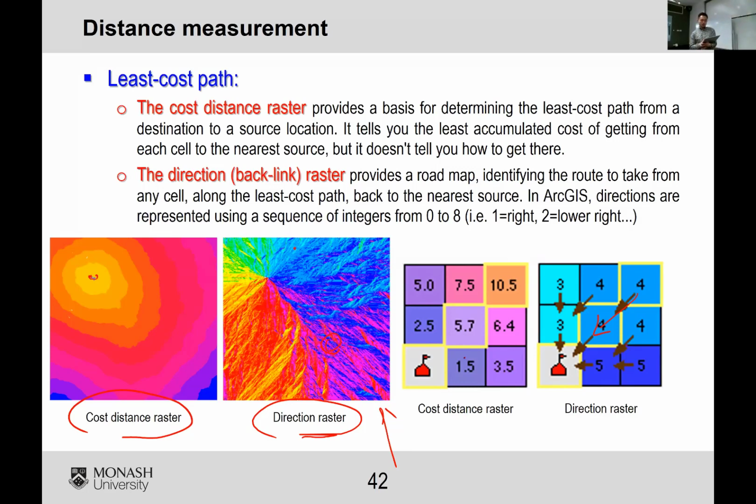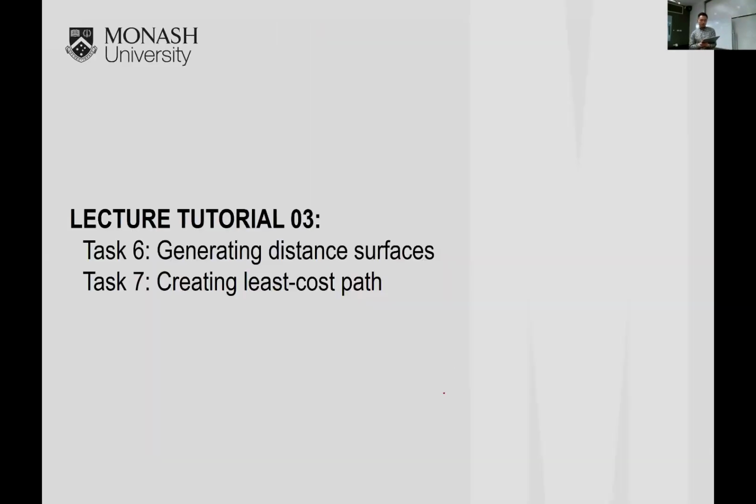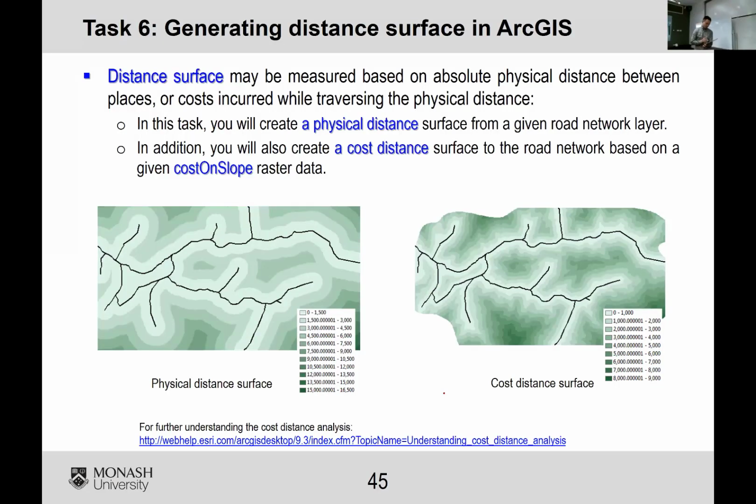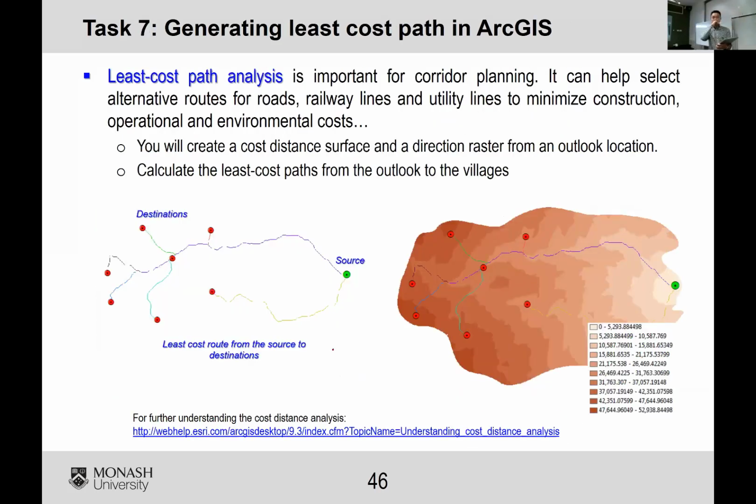So we'll be working with the same data set. And firstly, you'll be calculating the physical distance and then the cost distance. And based on these two, you're not using the road network as the source, but you're using a point feature which represents the outlook location, and then a set of point features representing different villages.